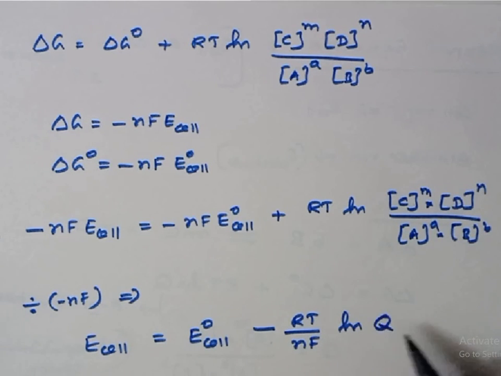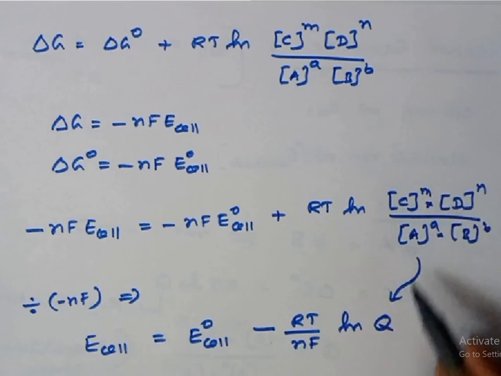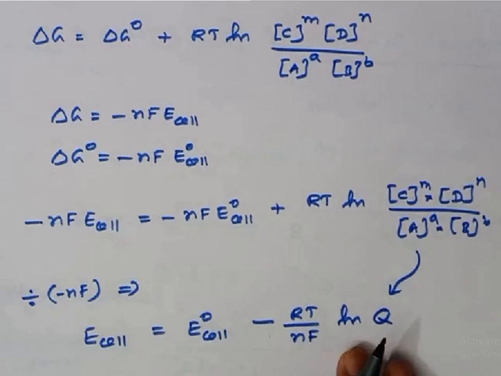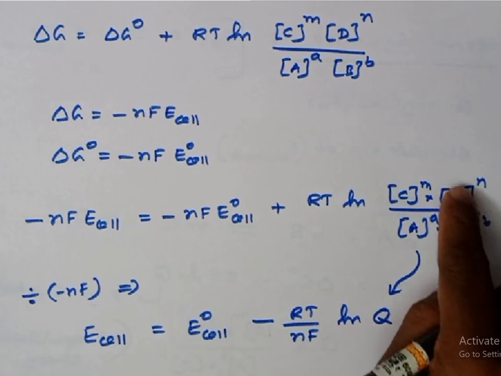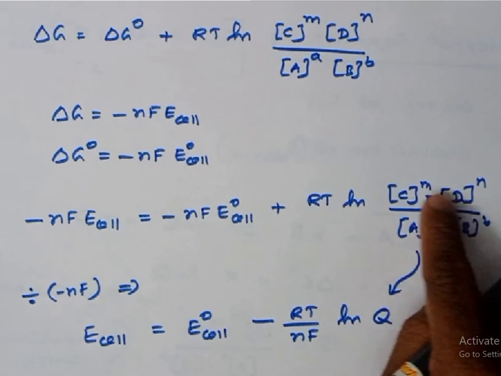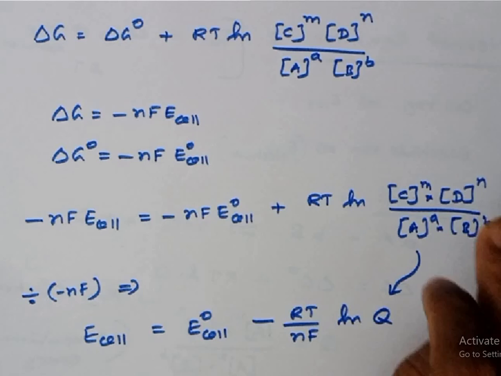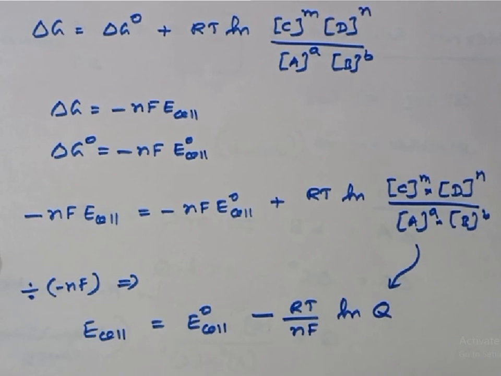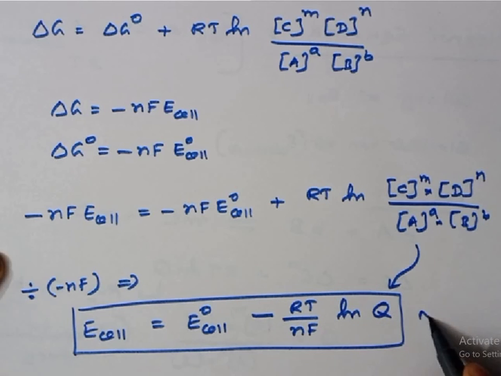Now just for simplicity, I'll replace this again by Q, where Q is nothing but reaction quotient. Reaction quotient is the ratio of the concentrations of the product by concentration of the reactant before attaining equilibrium. And this relation is what we call Nernst equation.